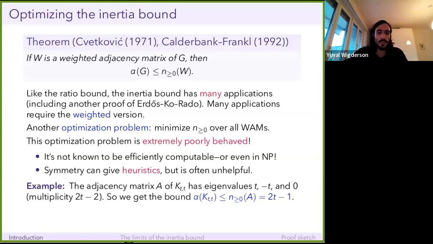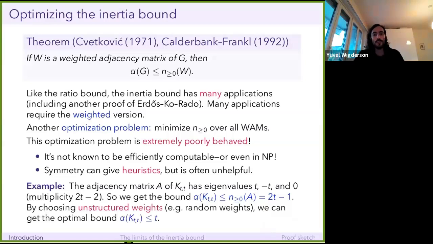So if you plug this in with the unweighted inertia bound, you'll get the true but very weak statement that the independence number of K_{t,t} is at most 2t minus 1. And so that's not very interesting, but you can observe that if you pick weights in some unstructured way, for example, if you assign a random number to each off-diagonal entry in the adjacency matrix, then you will actually get the optimal bound, that the independence number is at most t.